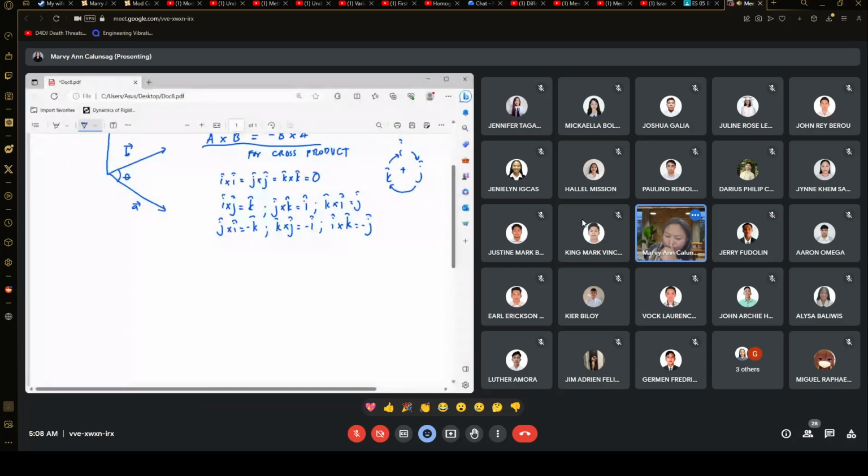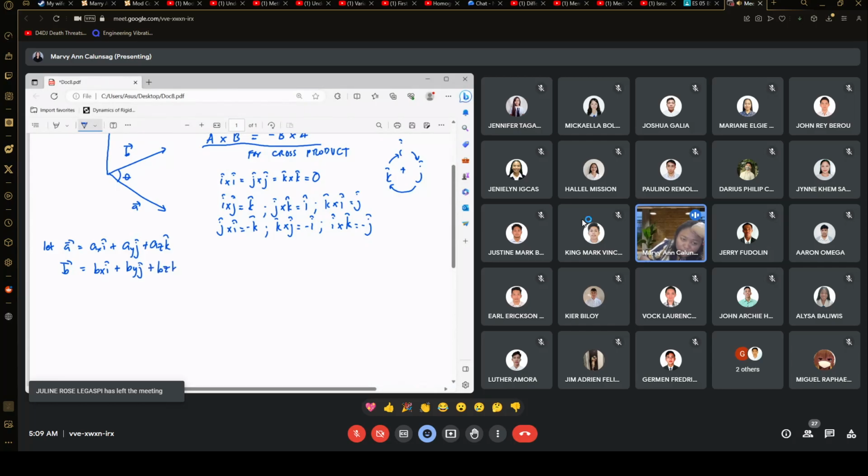So, let us say, for example, we have vector A with its Cartesian representation AXI plus AYJ plus AZK, and say we have vector B wherein its Cartesian representation is BXI plus BYJ plus BZK.